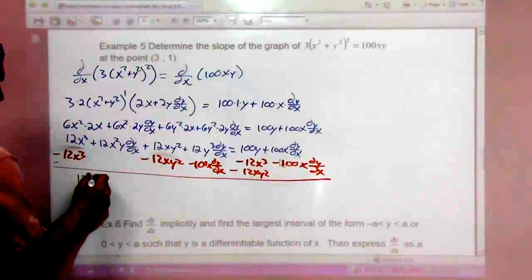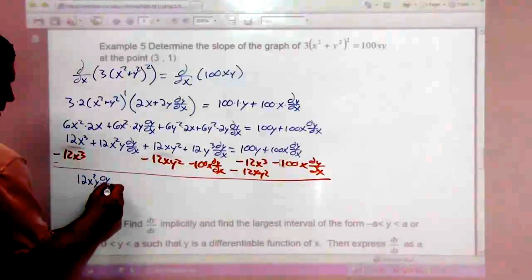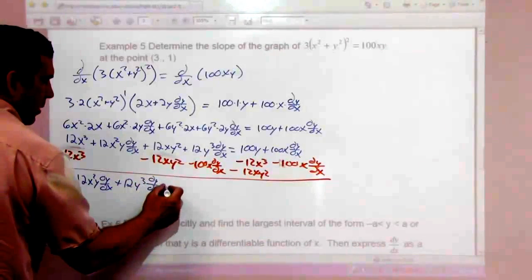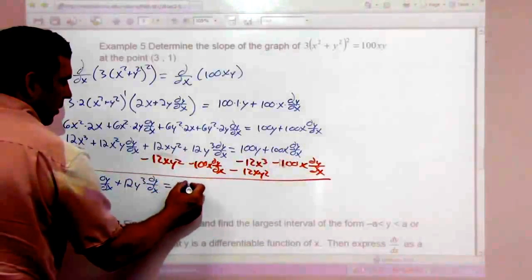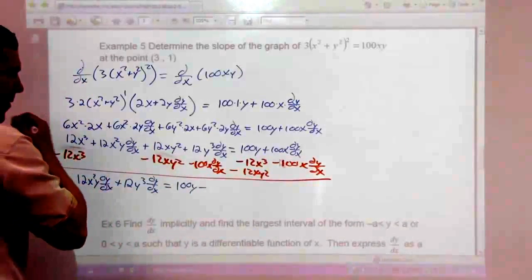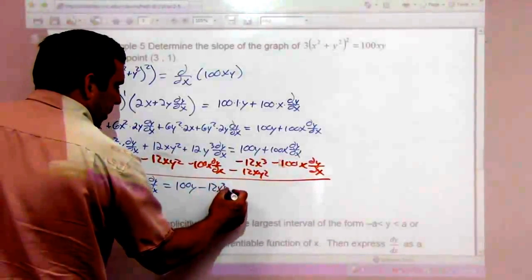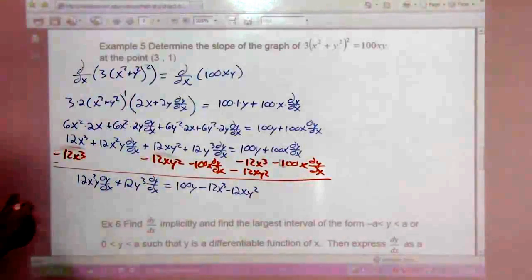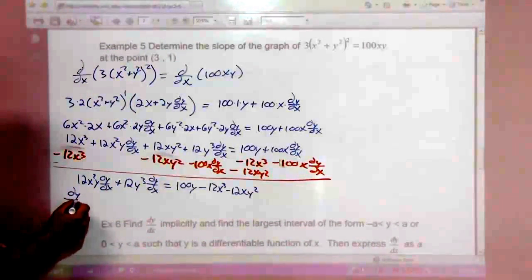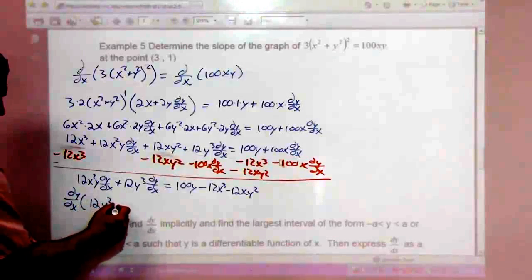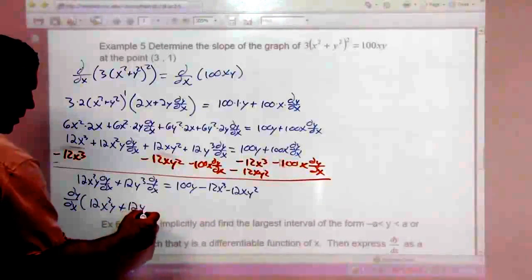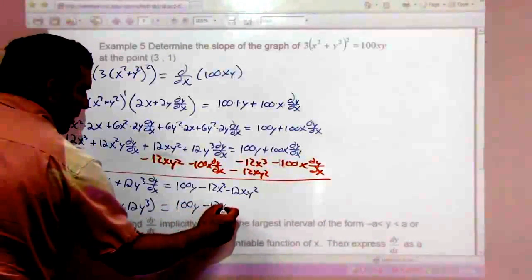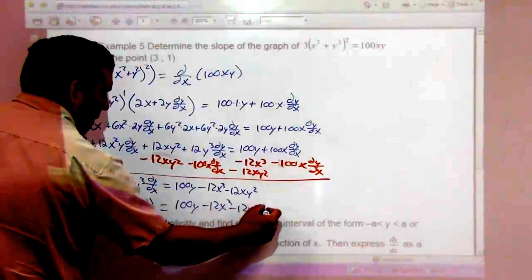So we'd have 12x squared y dy/dx plus 12y cubed dy/dx equals 100y minus 12x cubed minus 12xy squared. So we'd have dy/dx times (12x squared y plus 12y cubed) equals 100y minus 12x cubed minus 12xy squared.